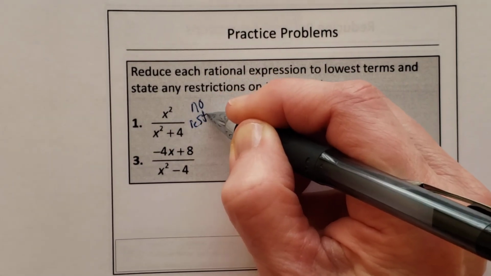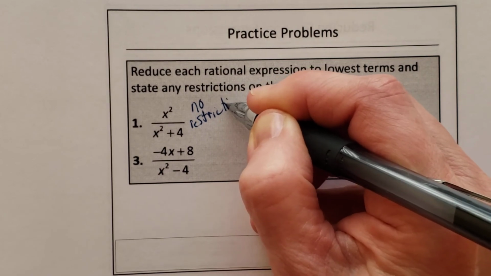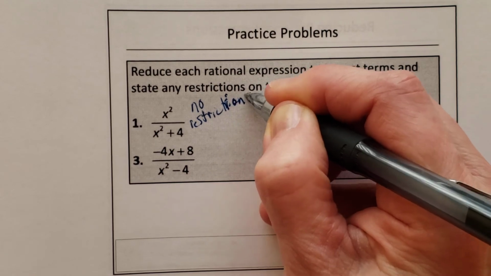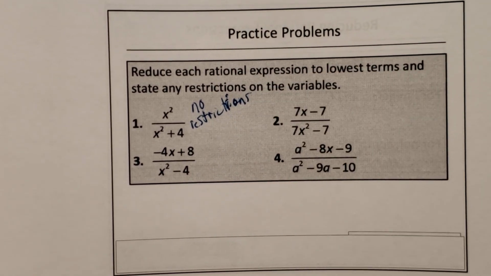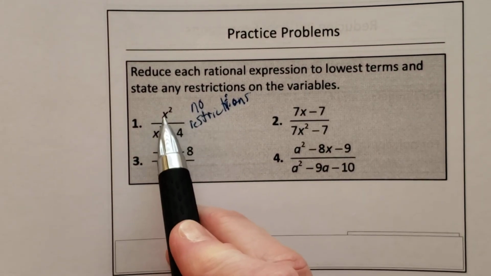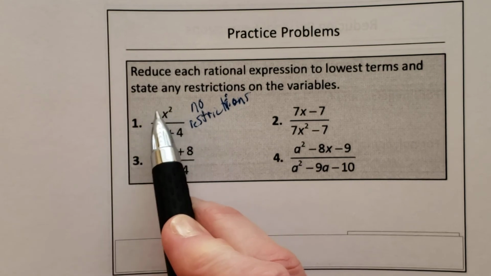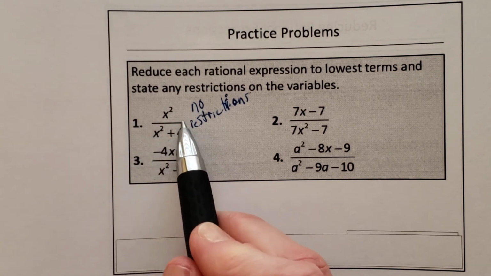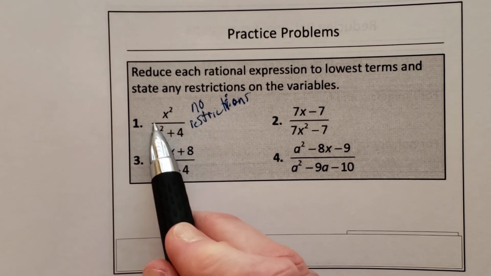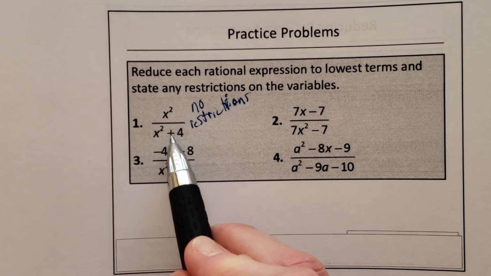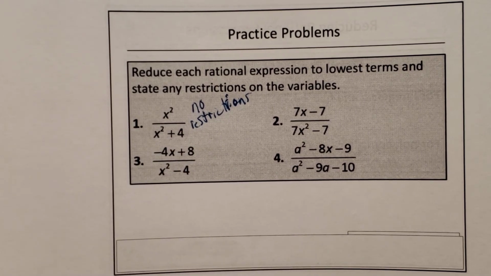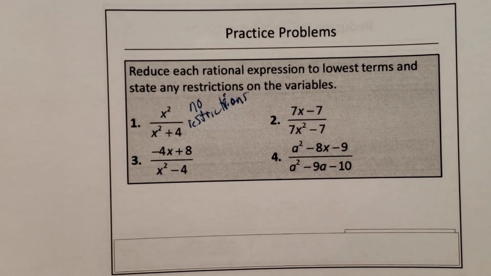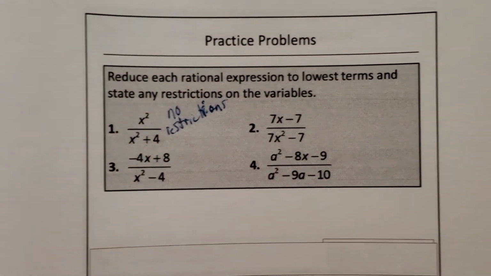Since there are no restrictions, I could break this down to x times x, but it's connected to that plus 4. I have to keep all of this together because of that plus. So there is nothing I can simplify. There are no restrictions, but there's also no way to reduce that either.